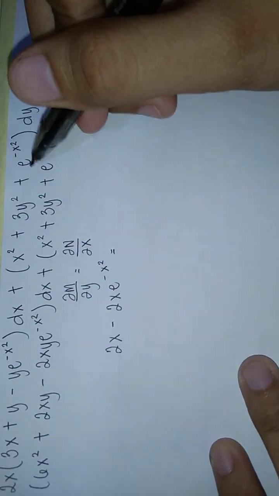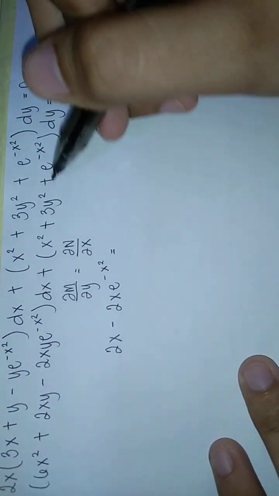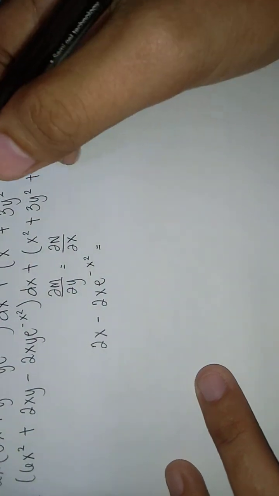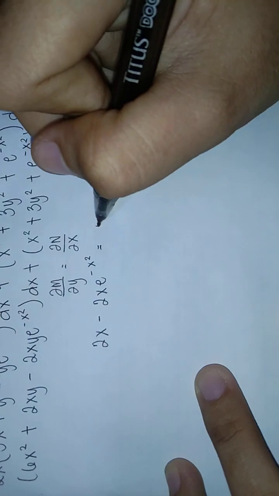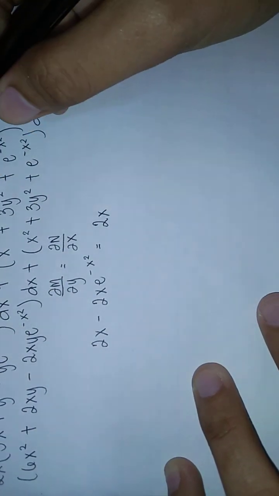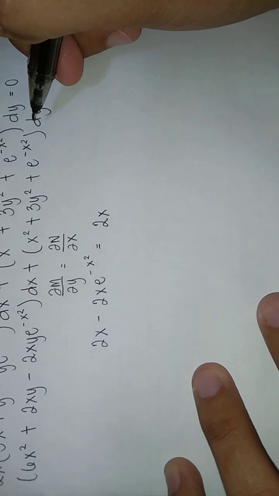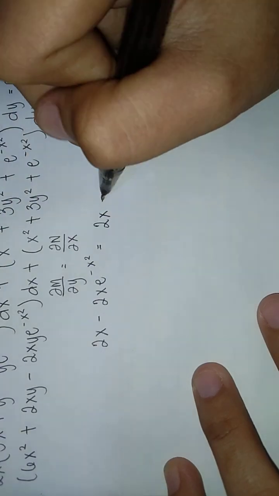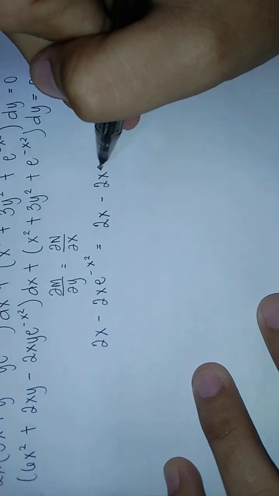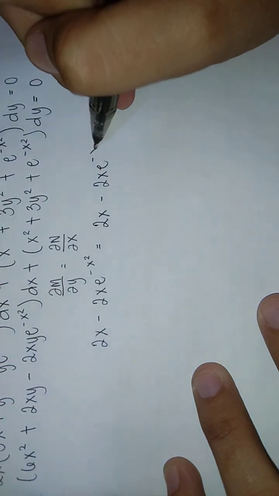we'll be using this one to solve this and deriving this with respect to x. Derivative of x squared is simply 2x, 3y squared is 0, and the derivative of e raised to negative x squared is negative 2x e raised to negative x squared.